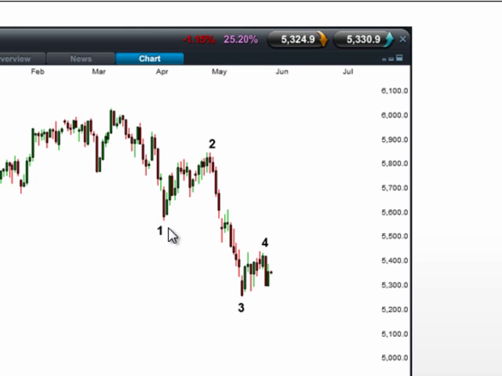Now, to comply with this structure, this is a basic part of the Elliott wave analysis. Not only do you need to see these 4 or 5 swings, but the rules are that the swing from 1 up to 2 must not move past the beginning of the whole move down, and also that the corrective swing from 3 to 4 must not overlap through or move back up past the trough at 1.